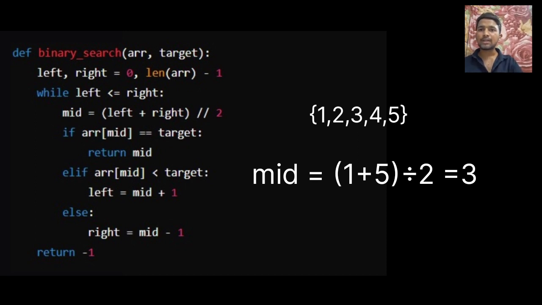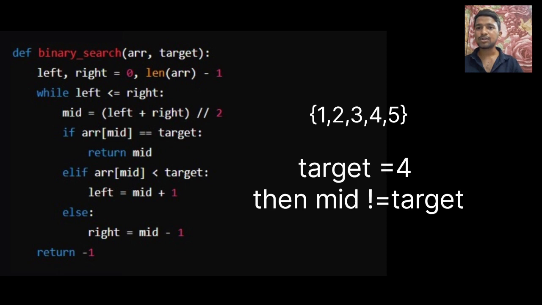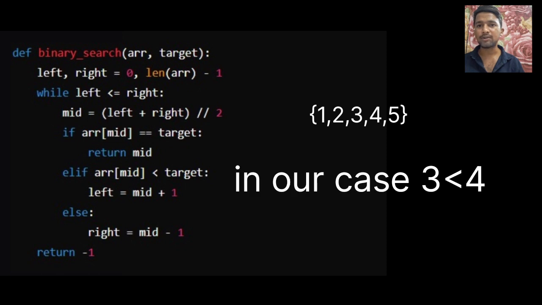As we proceed to the next line, if arr[mid] equals target, let's say target is 4, then mid is not equal to target, 3 is not equal to 4, right? So proceeding to the sixth line, we return mid, which would be the mid value 3 if it matched. In the seventh line, mid is less than target, which is true in our case.